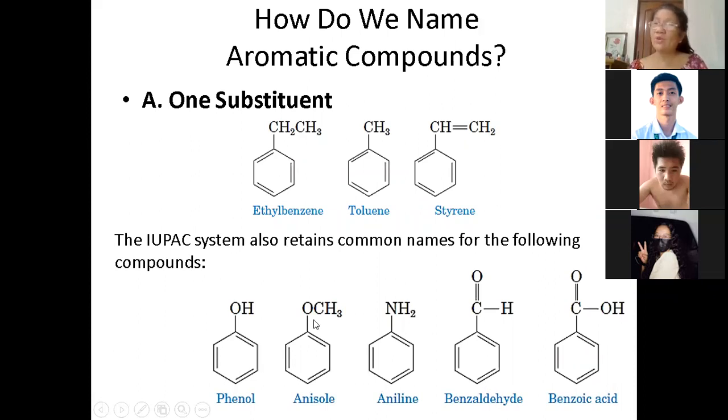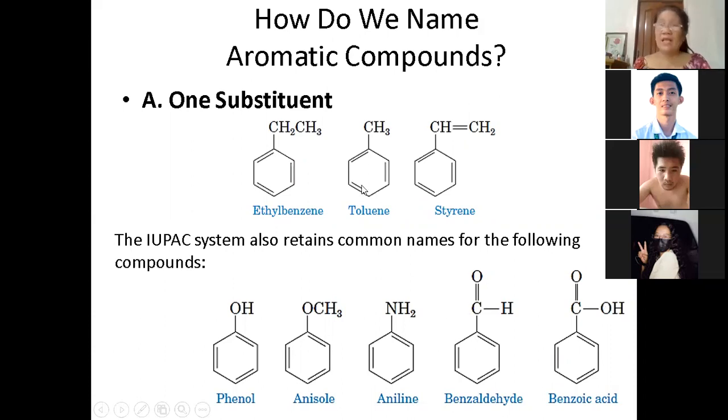When we have an ether, no, the OCH3, that is anisole. If we have an amine, it is aniline. If we have, diba, this is, can you still remember aldehyde? This is an aldehyde, so it's benzaldehyde. Then if it is an acid, it's benzoic acid.